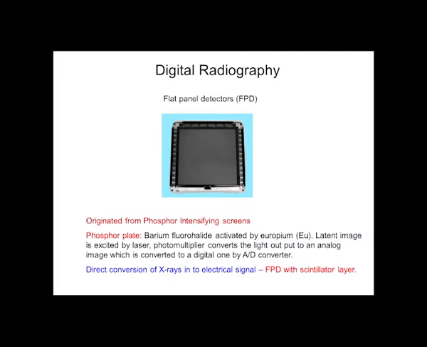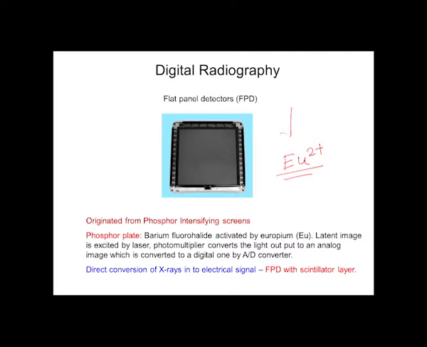Okay. So, this europium is added into the barium fluorohalide phosphor in order to generate electrons when the X-ray intensity falls on the phosphor plate. The way this works is, when you add this europium, it will be in the 2+ state in this phosphor material.